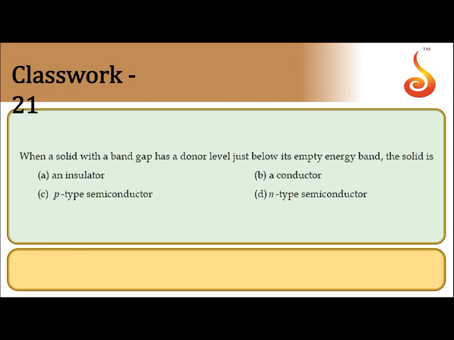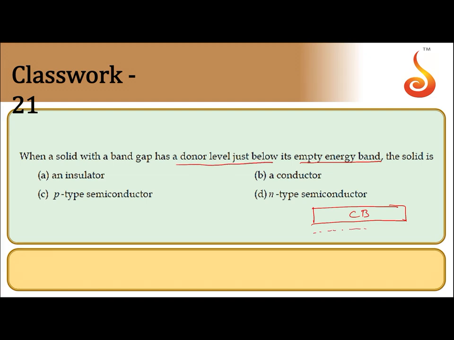Next, when a solid with band gap has a donor level just below its empty energy band, the solid is. See, empty energy band means valence band can never be empty. So the band must be conduction band, and they have given donor level just below its empty energy band.